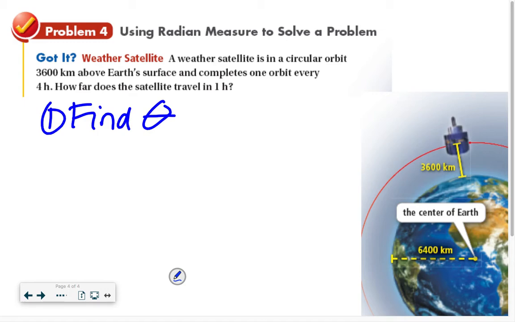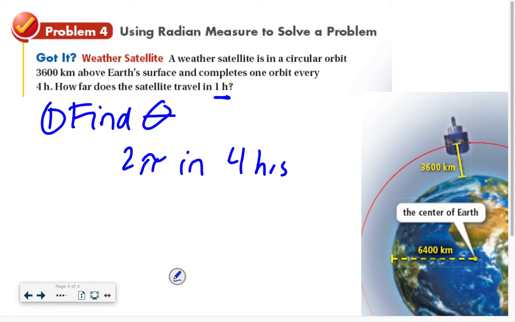I only want to know the angle for my 1 hour. Well, if it completes one orbit, that's all the way around. So 360 is how much in radians? 2 pi. So I'm going 2 pi in how many hours? In 4 hours. I want to know how much I get in 1 hour.